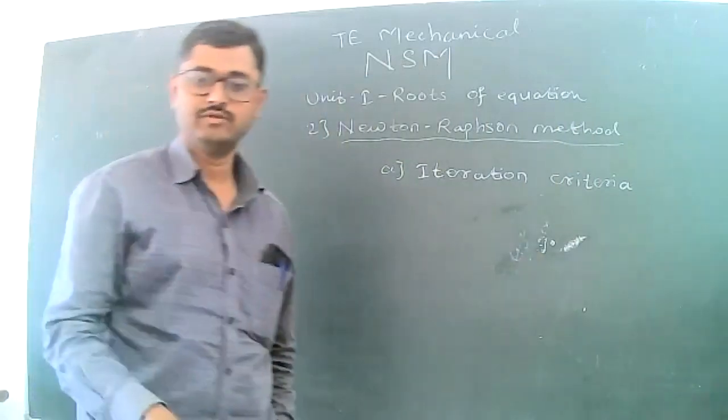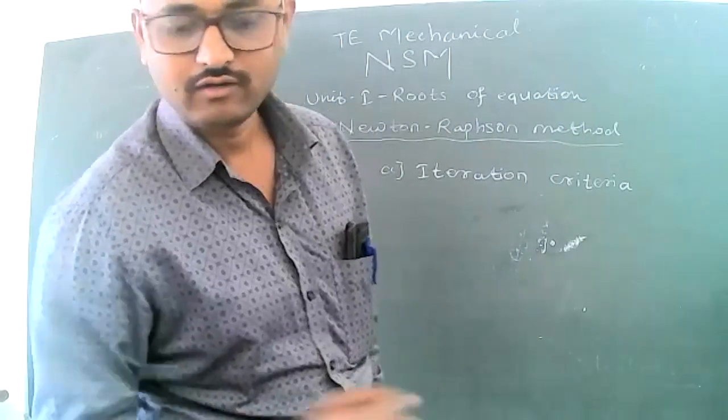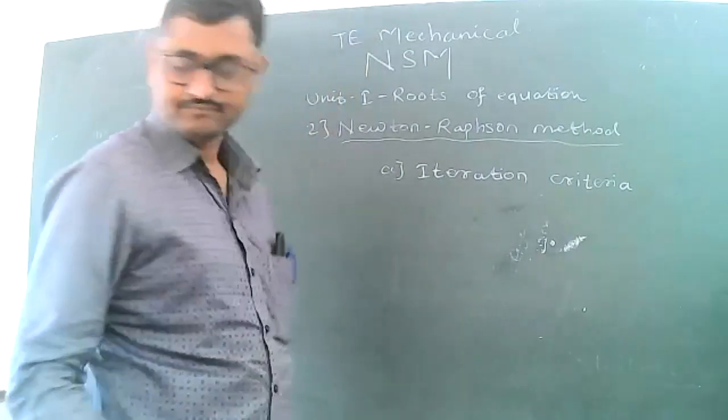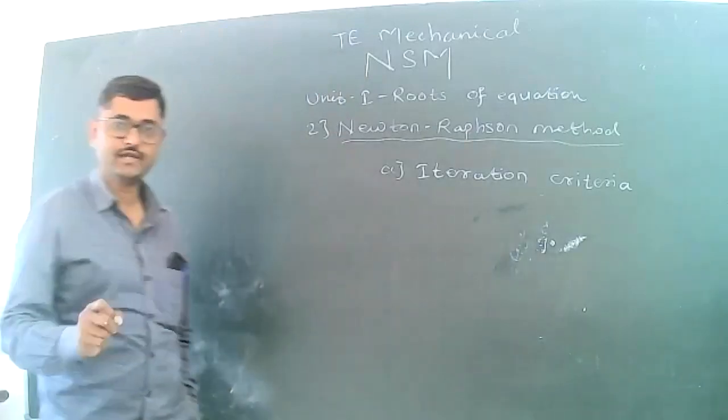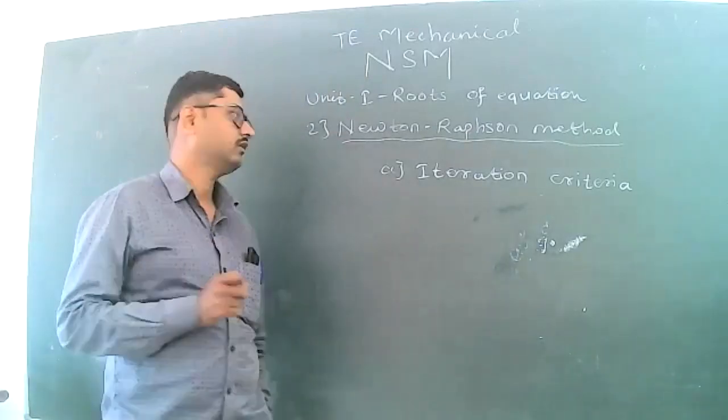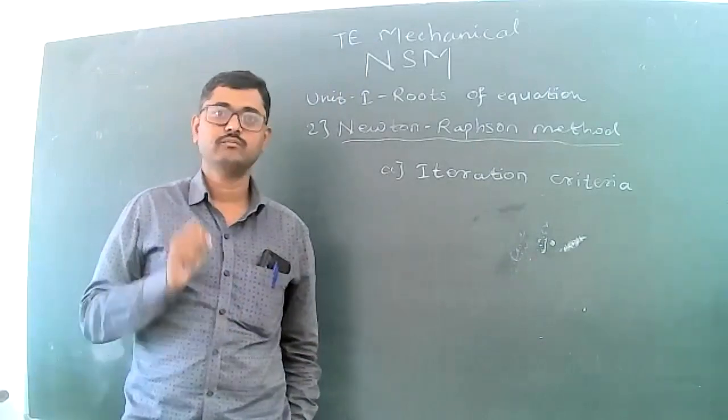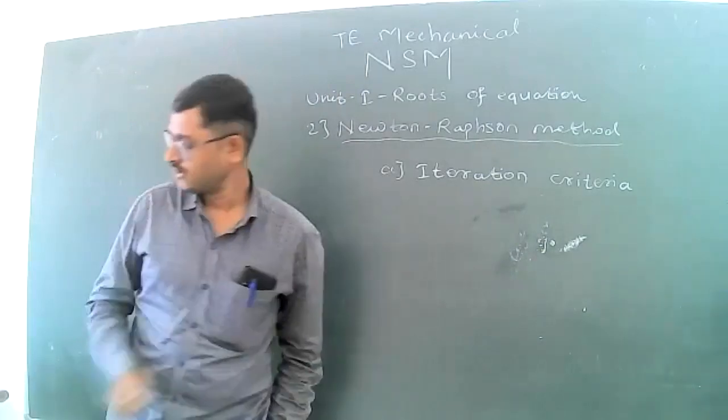We take a simple numerical on the Newton-Raphson method based on iteration criteria.